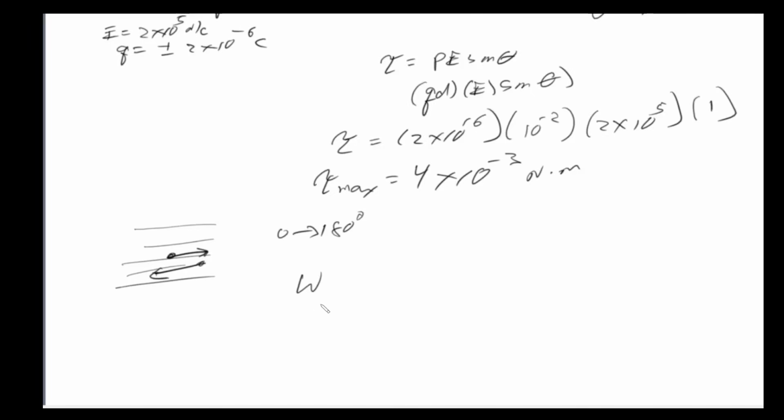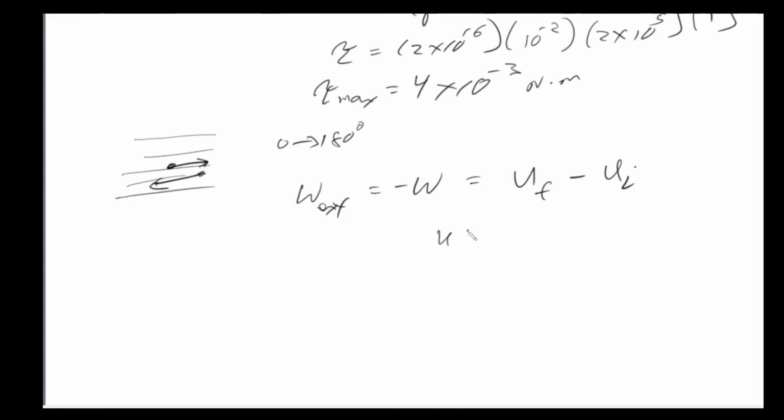Well, work done by an external agent is actually equal to minus the work done by an electric field, which would then be equal to U final minus U initial. We know that U is equal to minus PE times the cosine of theta.